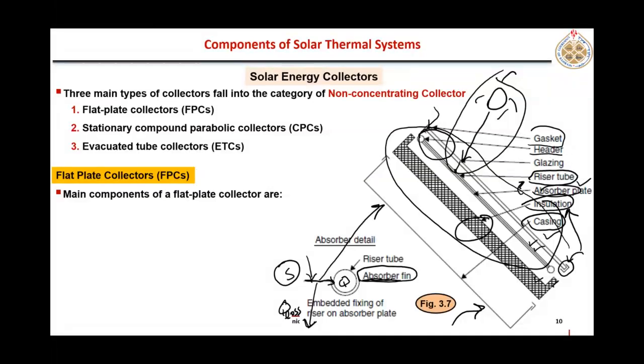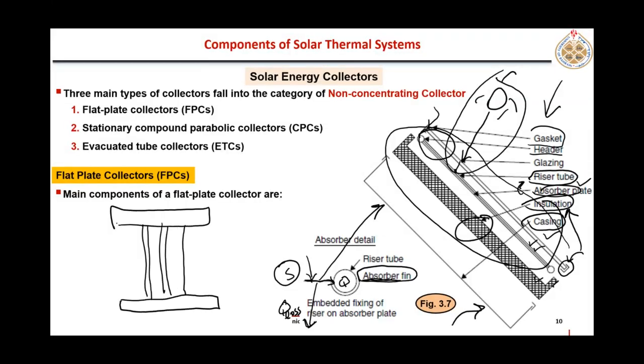Now, what is this header? If you see these riser tubes from the top, you will see that they are connected to a header, a bigger pipe. So fluid is entering into the header, and now it is divided into these riser tubes, which are connected to that absorber sheet.